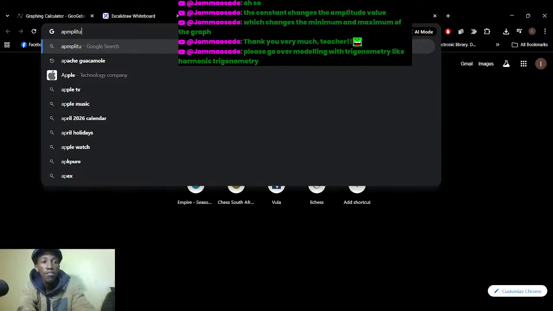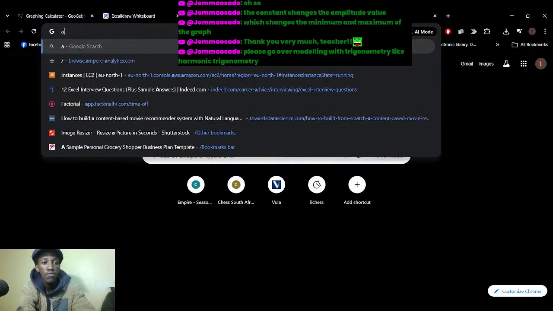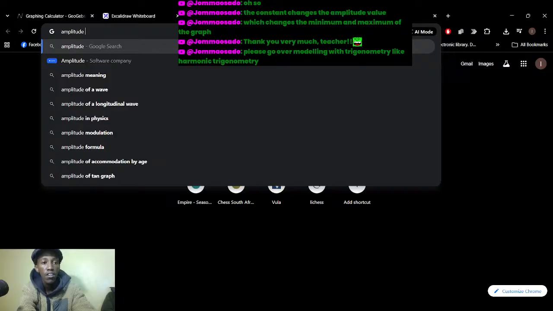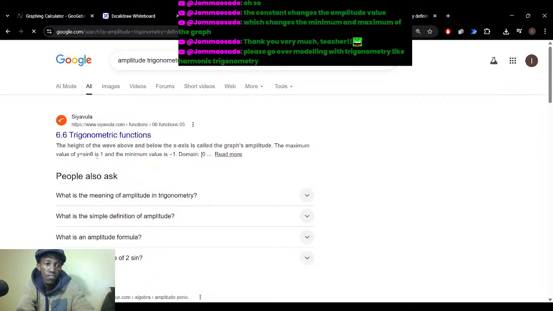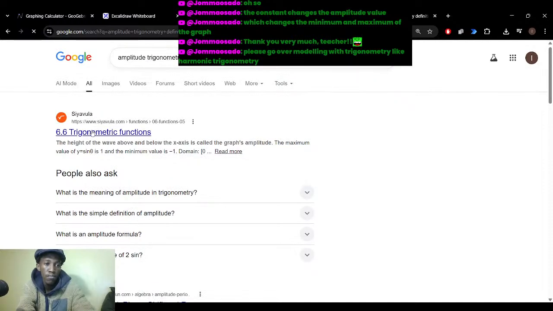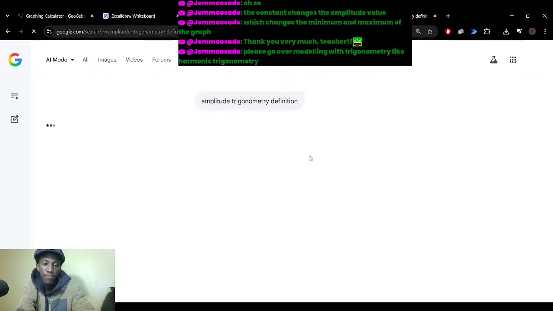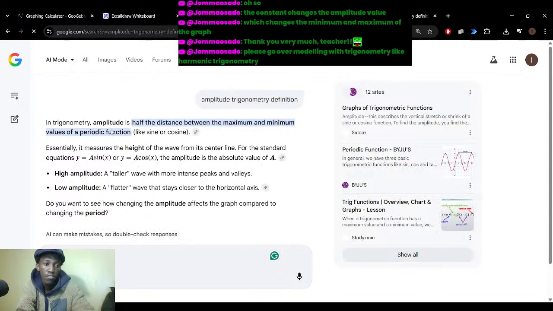Trigonometry, definition. So let's do AI mode. Amplitude is half the distance between the maximum and minimum values of a periodic function. Ne? So it is half the distance between the maximum and the minimum values of a periodic function.